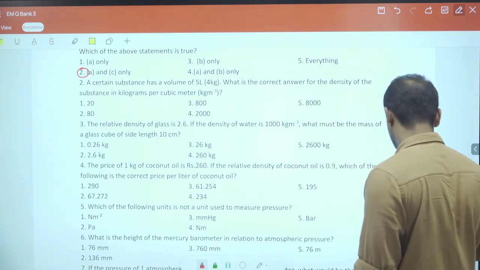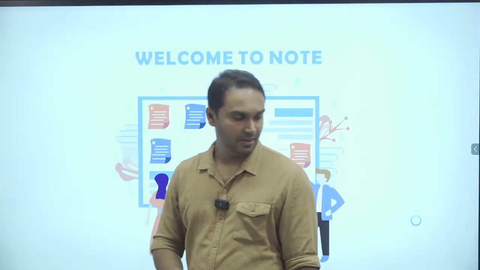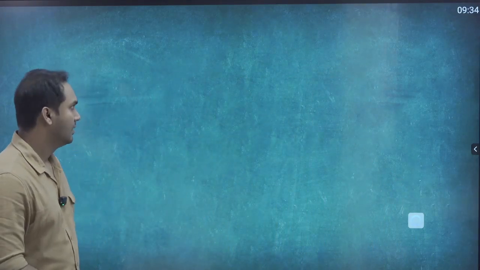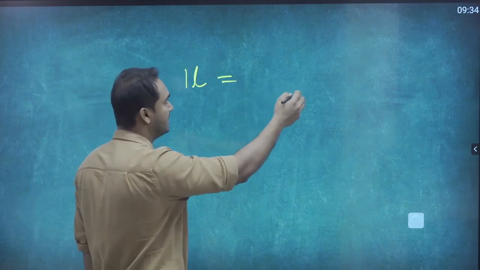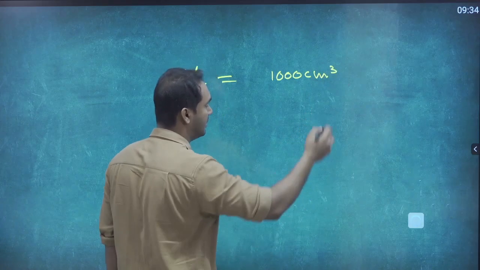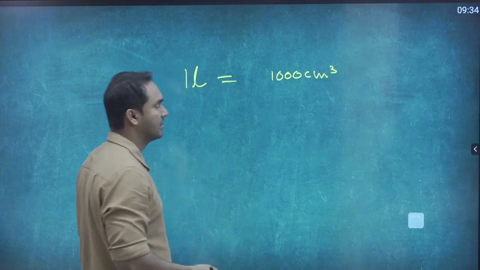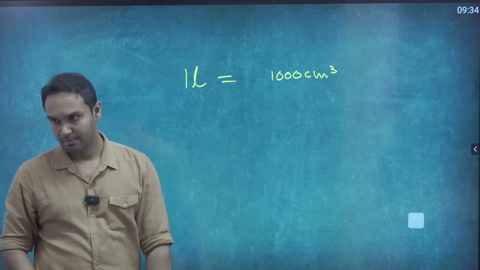This is how we convert it, and it is better if you can remember it, because this will come up in questions. If you remember it, it will take less time to convert. So 1 liter is equal to 1000 cubic centimeters. You have to convert this 1000 cubic centimeters into cubic meters.